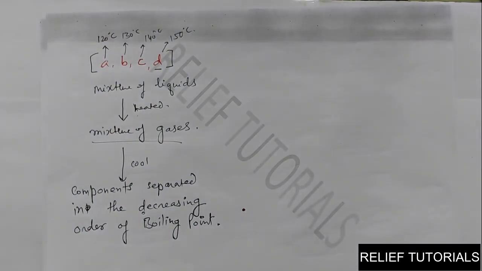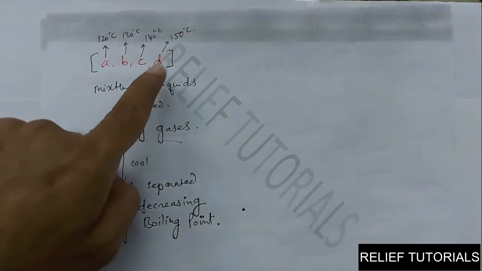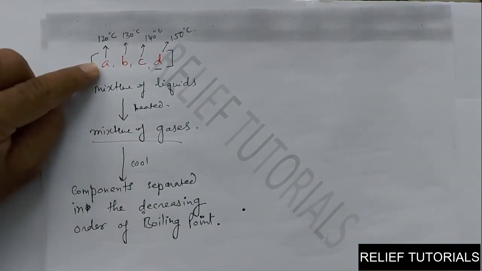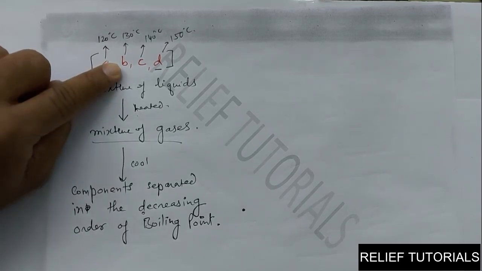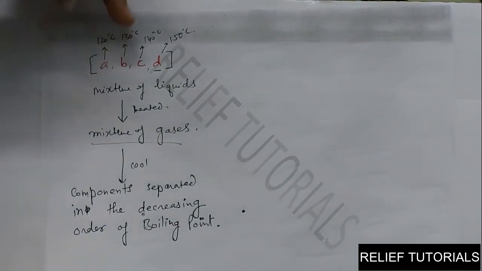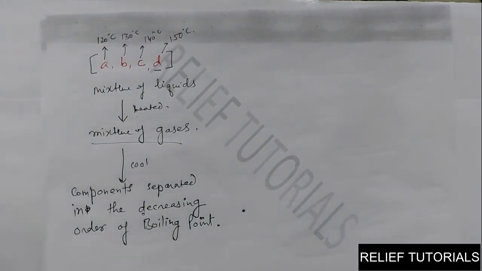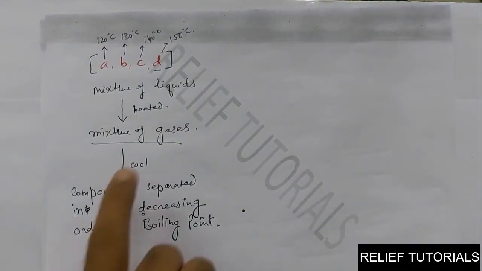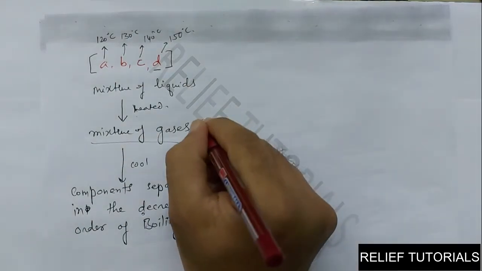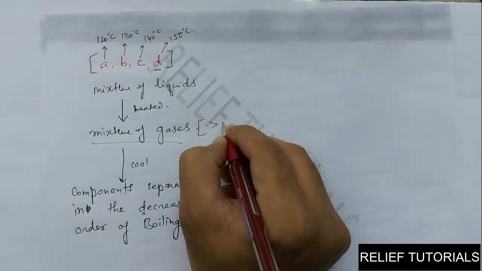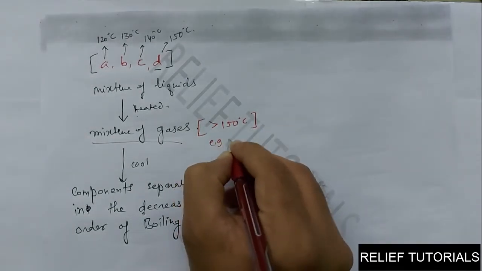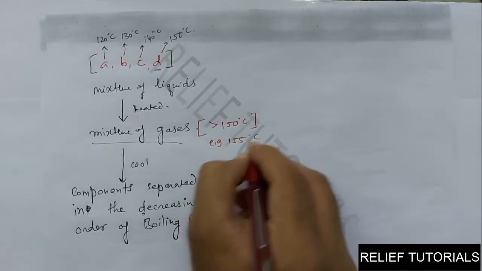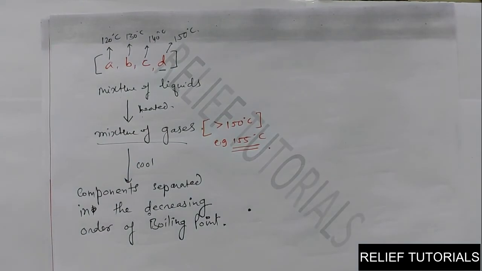Okay, now what will you do? A gets converted into gas at 120, B will be converted into gas at 130, the same way C at 140, D at 150. So if you want the whole mixture in the gaseous state, the temperature of the mixture of gases should be more than 150 degrees Celsius. Let us say that now the temperature of the whole mixture is 155 degrees Celsius.